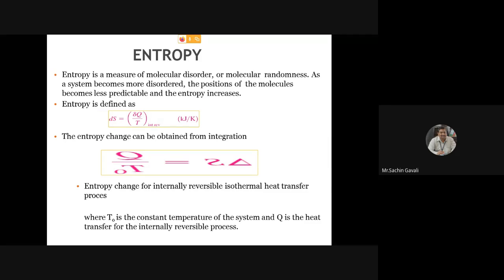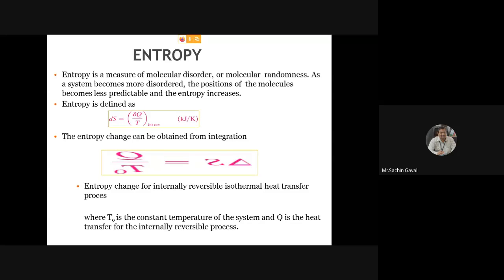So generally we are calculating the entropy by using which formula? dS is equal to dQ by T, or integration of dQ by T for a reversible process. And for this we have taken a base, that is the Clausius equality or inequality theorem, that the cyclic integral of dQ by T is equal to 0.